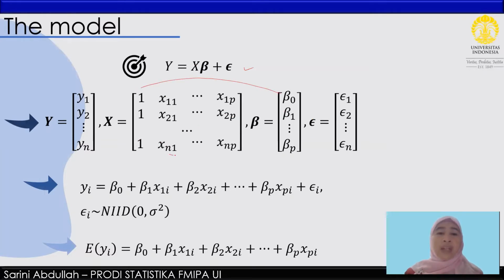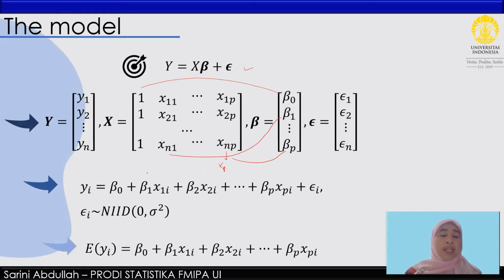This is x1 associated with beta 1 all the way. This is the pth predictor xp associated with beta p. And here, the matrix of error measures the discrepancies between the actual value and the estimated value given by the model.